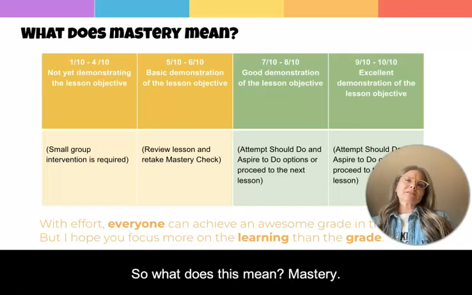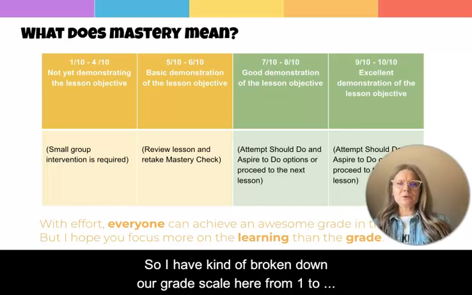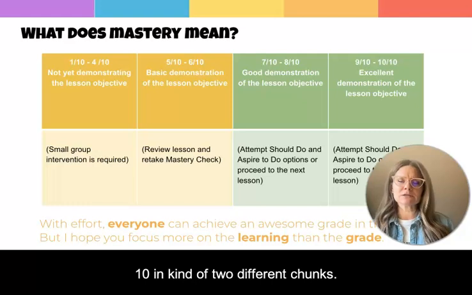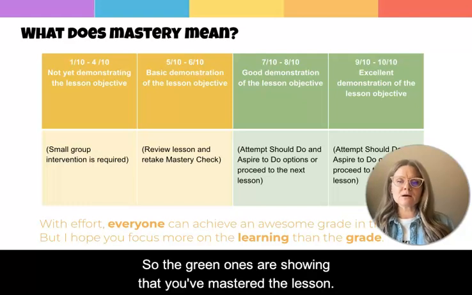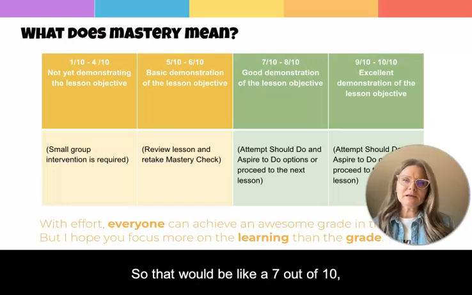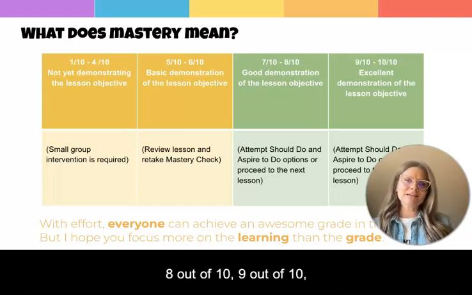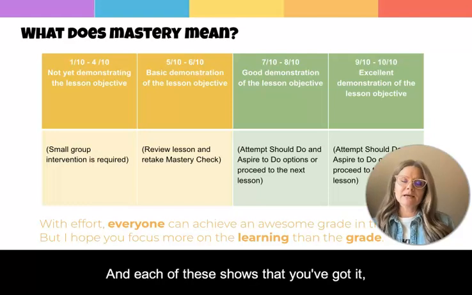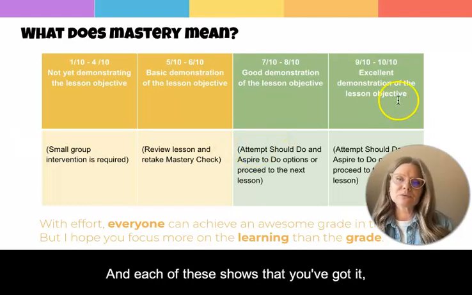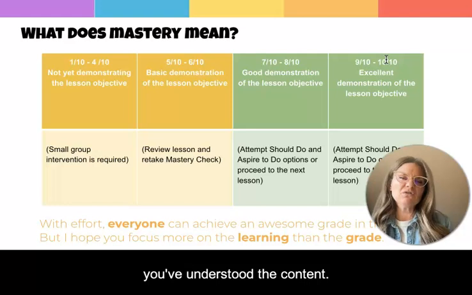So what does this mean, mastery? I have kind of broken down our grade scale here from 1 to 10 in kind of 2 different chunks. The green ones are showing that you've mastered the lesson. So that would be like a 7 out of 10, 8 out of 10, 9 out of 10, or 10 out of 10. And each of these shows that you've got it.